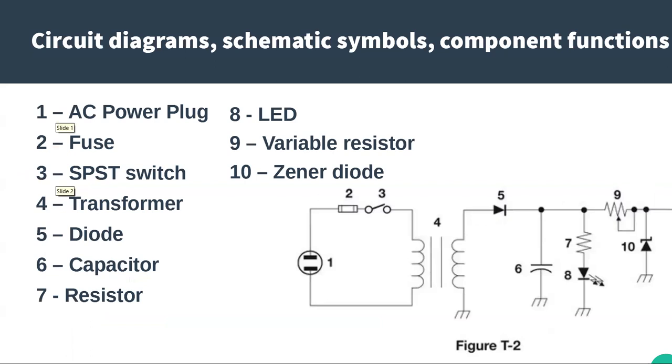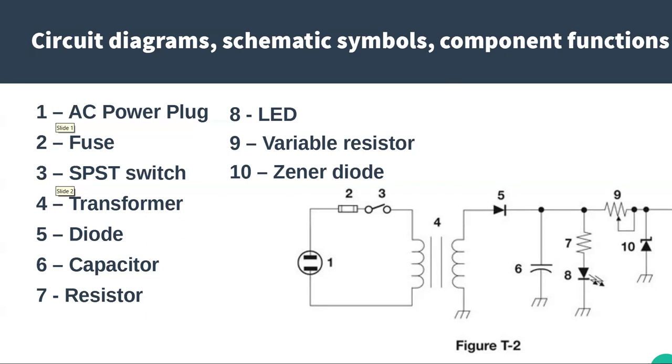Okay, there's some more. So number 1 is a representation of an AC power plug. Number 2 is a fuse. Sometimes you will see that symbol with a little kind of a sine wave in it showing the fuse element itself. Number 3 is a switch.